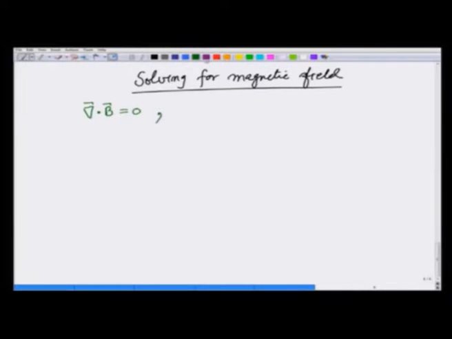We also have an auxiliary field H, which has curl equals J free. And the way we have defined H is that B is equal to mu 0 times H plus M.